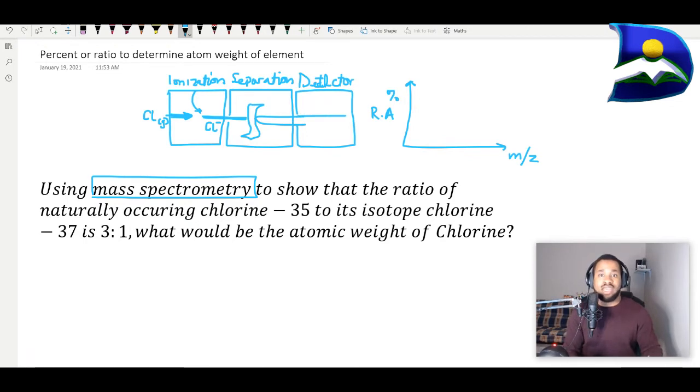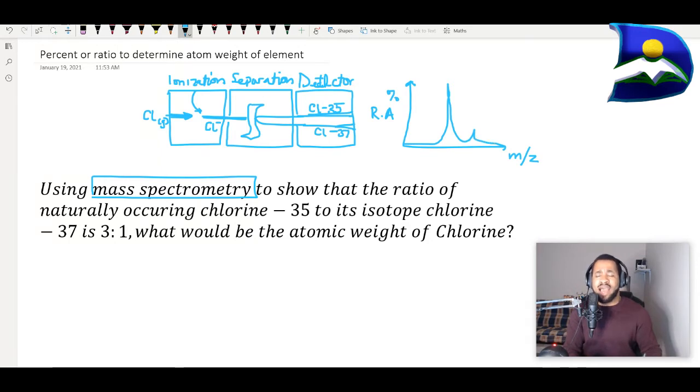So you could have a really high amount of the same isotope of chlorine for this particular one right here. According to this question, this is chlorine 35, and you can notice this looking at the graph, where you have the highest peak. Then you have another one here, which we'll say is chlorine 37, and when you plot it on a graph, it has a little small peak right there.